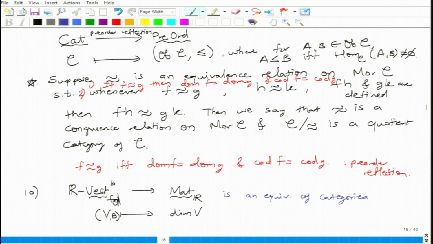Why is that so? If you want to see it directly, you can see it from Mat R to the other side. You have to send one particular n to some specific vector space and some specific choice of basis. What is that called? Standard basis, right? Ordered, like 1 0 0 0, then 0 1 0 0. So you send it to R to the power n with the standard basis. Then you look at this composition.